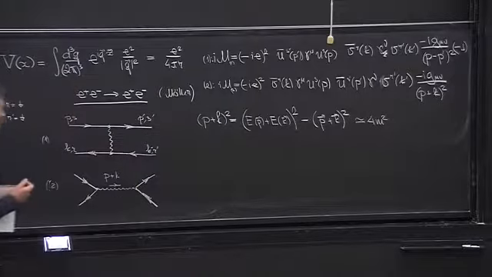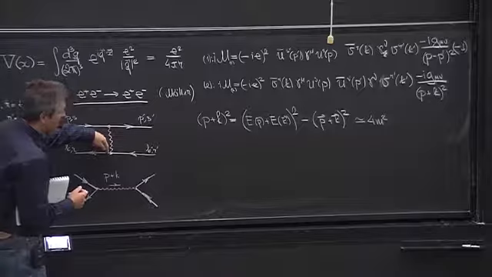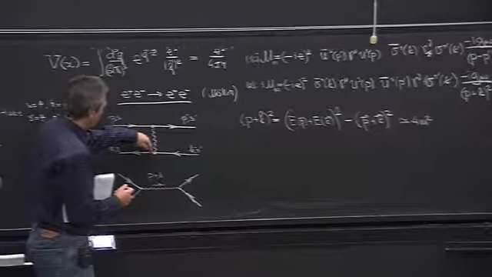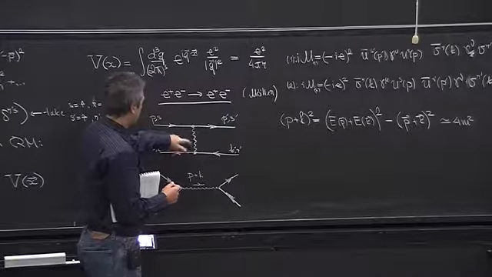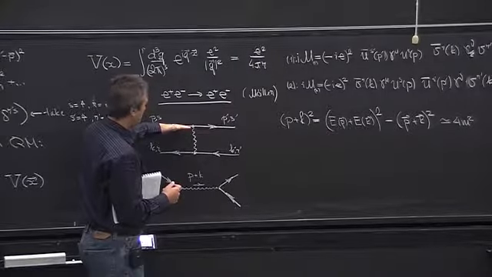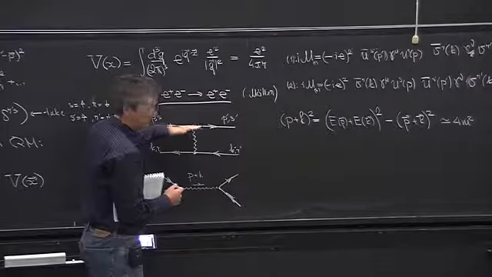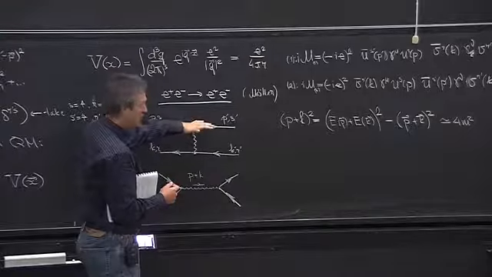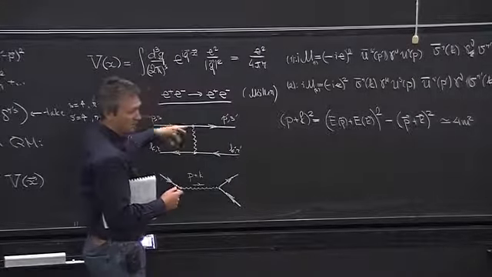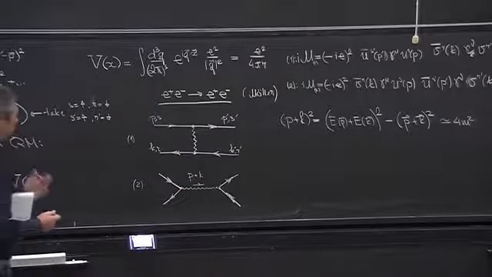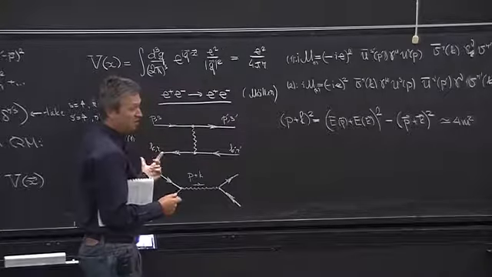So in a sense, what happens is that this photon is almost on shell. What flows here is the difference between momenta of the initial and final electrons, and the most important part is the spatial momentum. And that's very small.